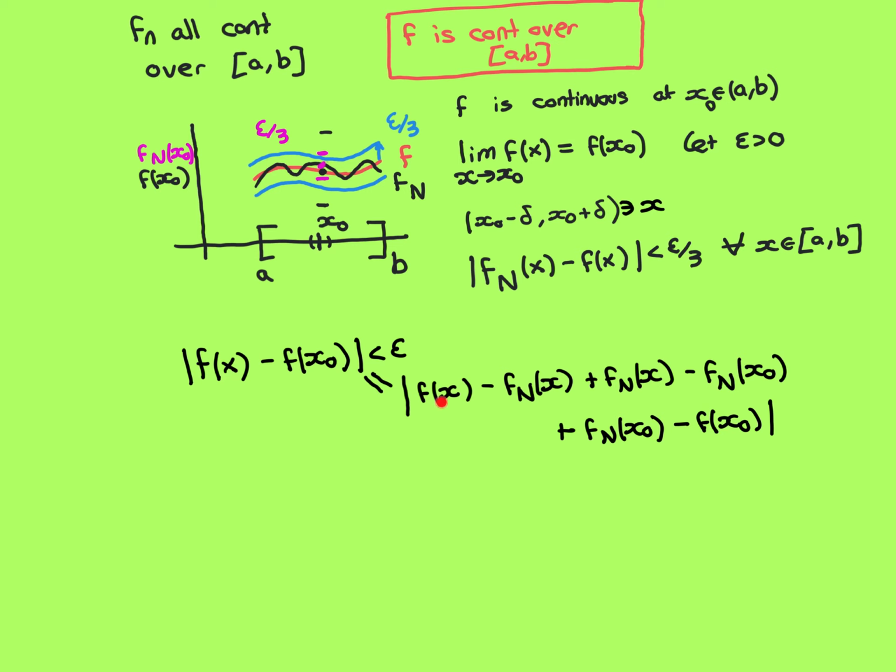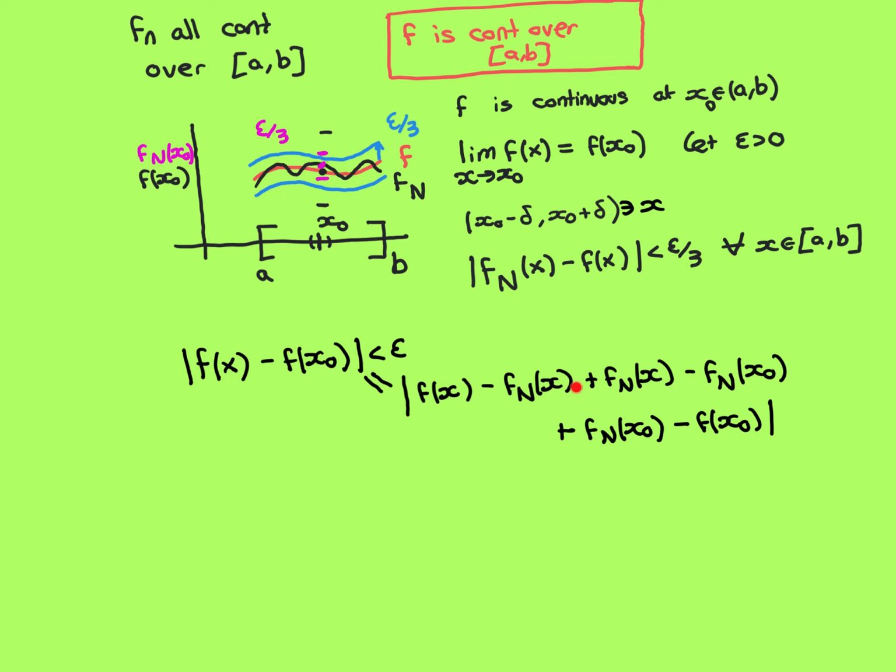So let's have a look at this in turn. Starting with these two here. So we've got f of x. Remember, x is the point that I've taken in my delta interval here. And then I've got f big N at x. So if we have our point x here, let's say, then here is what f evaluated at x is, and here, above in black, is f big N at x.